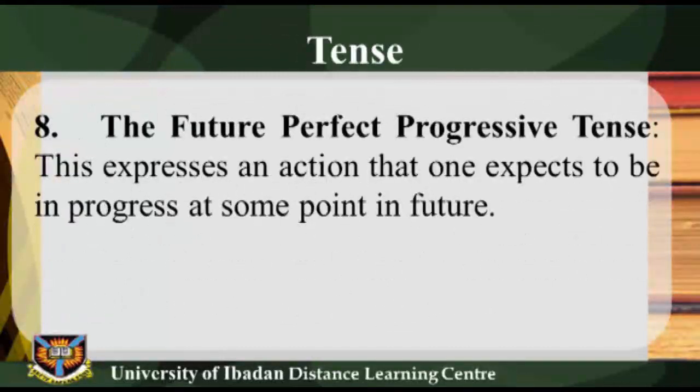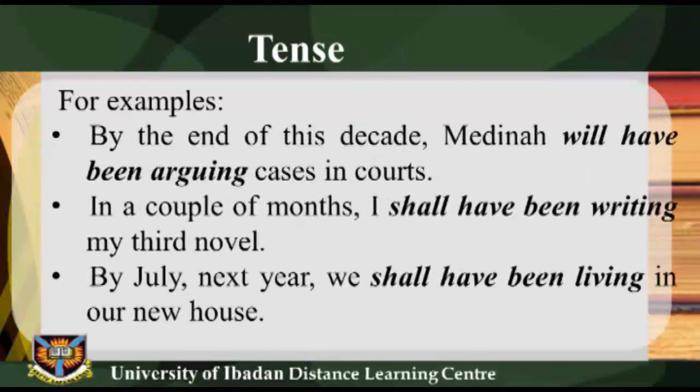Number 8. The future perfect progressive tense. This expresses an action that one expects to be in progress at some point in future. Here are some examples. A. By the end of this decade, Medina will have been arguing cases in courts.